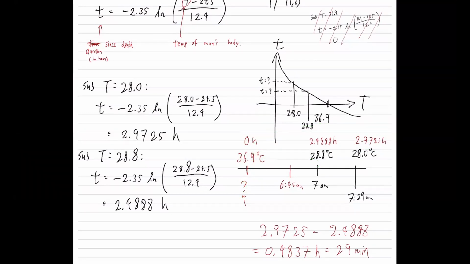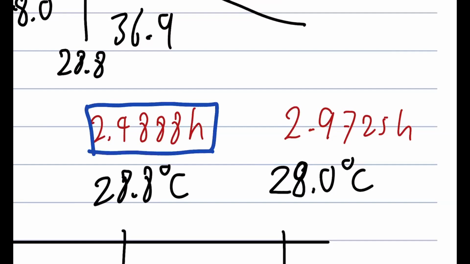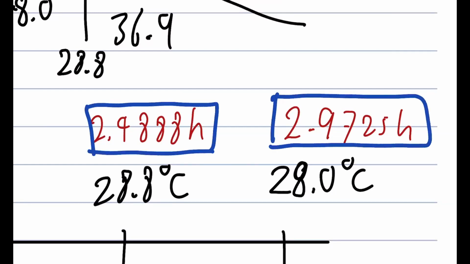Yes. Let's convert these into hours and minutes. Let me show you how to do it using a calculator. Have you recorded down these two values? 2.488 and 2.9725. Let me show you my calculator and how to use it.